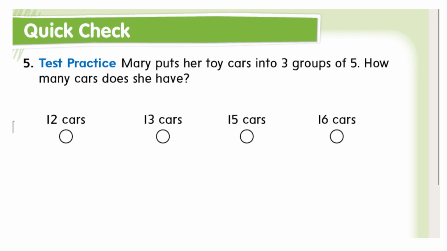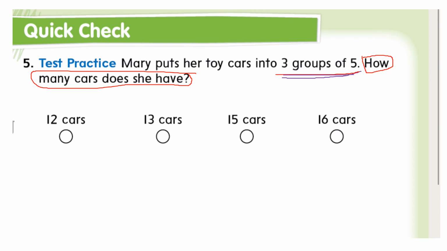Our last practice is Mary puts her toy cars into 3 groups of 5. How many cars does she have? We are going to circle what we are going to find, and we have underlined what we know. What we know is that Mary puts her toy cars into 3 groups of 5.